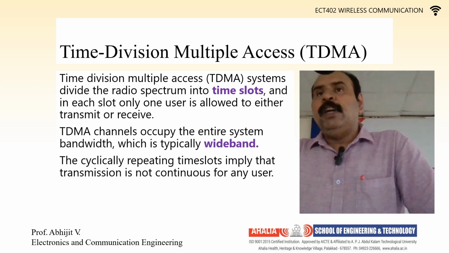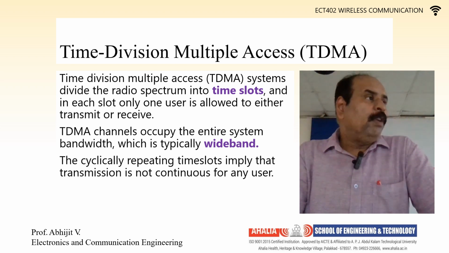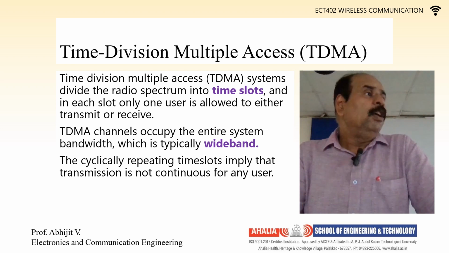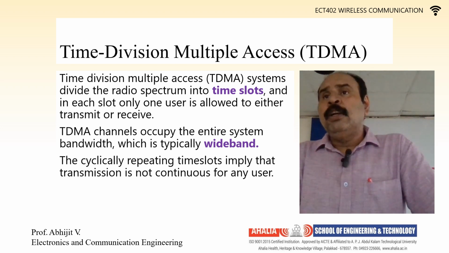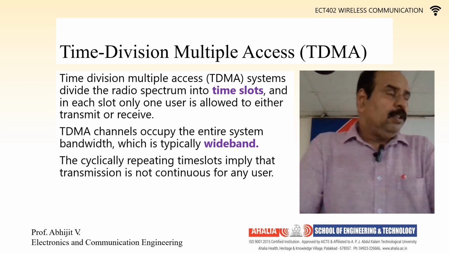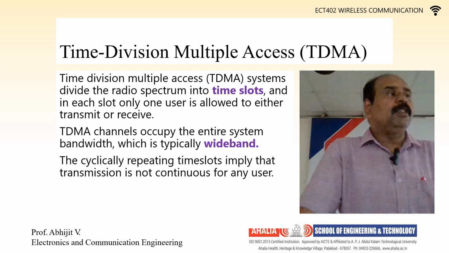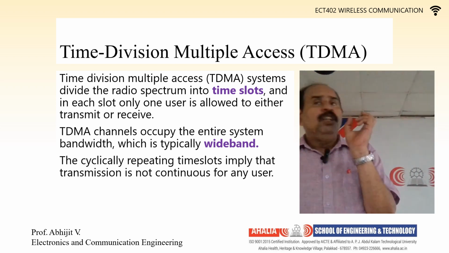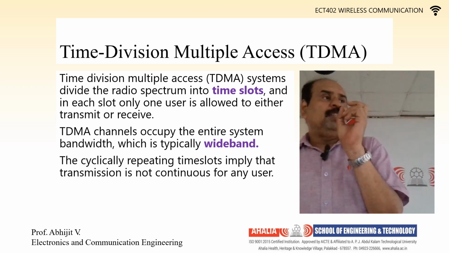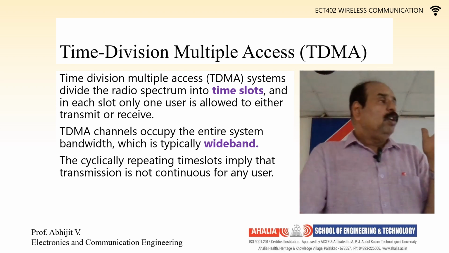In TDMA, we are using the entire bandwidth, and each user is allocated not a frequency but a time slot. Every user channel is allocated one particular time slot. This time slot is equally divided among the total number of users.